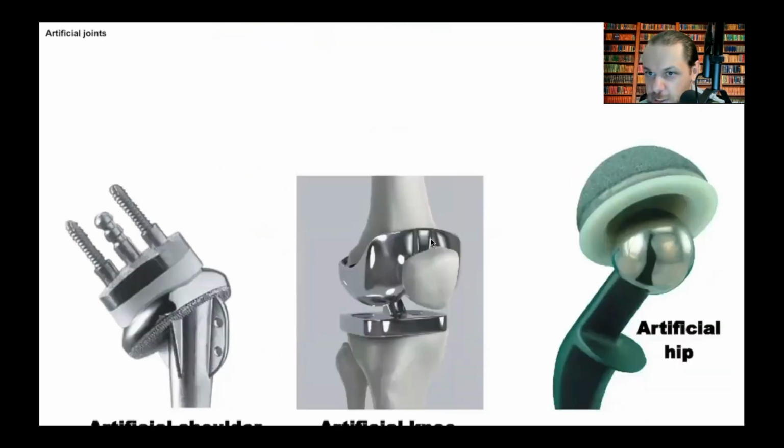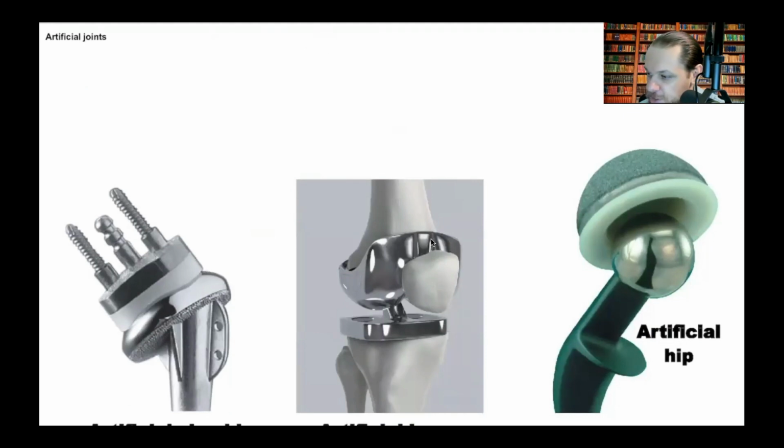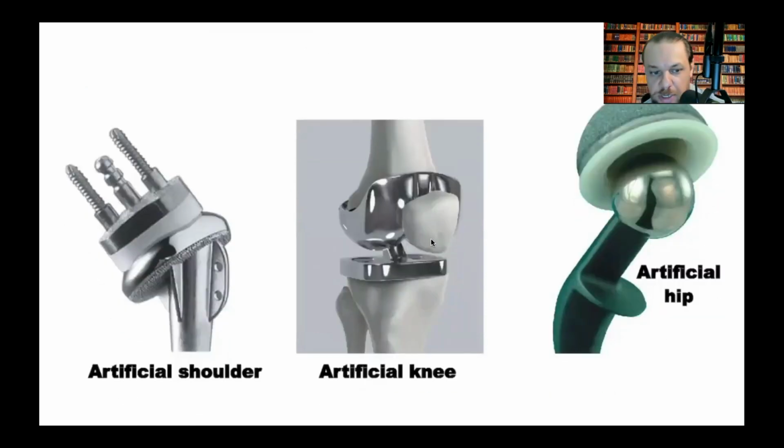This is just showing you that when patients have injuries sustained over periods of time, or as they age, with osteoporosis and consistent wear and tear, they may have artificial joints. They may have an artificial shoulder joint, artificial knee joint, or artificial hip joint, placed where the normal joint was, with synovial fluid and all that.